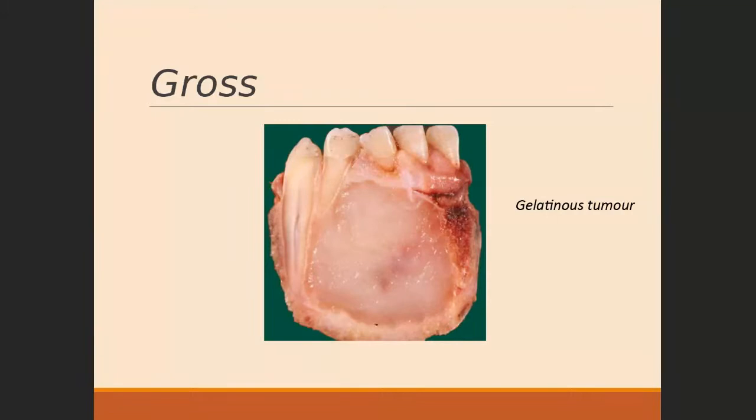Now, the gross specimen: here the jaw with the tumor mass is resected out. When you see it, it is slimy or gelatinous. This is a very important clue for myxomas. They are more gelatinous. These tumors have more matrix or stroma, with more matrix elements.